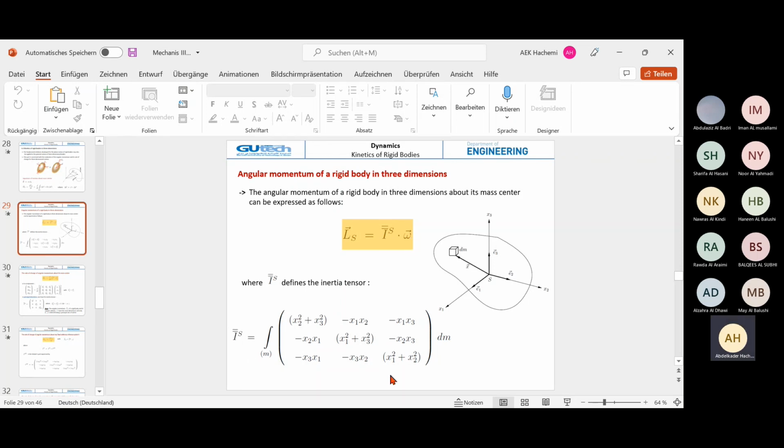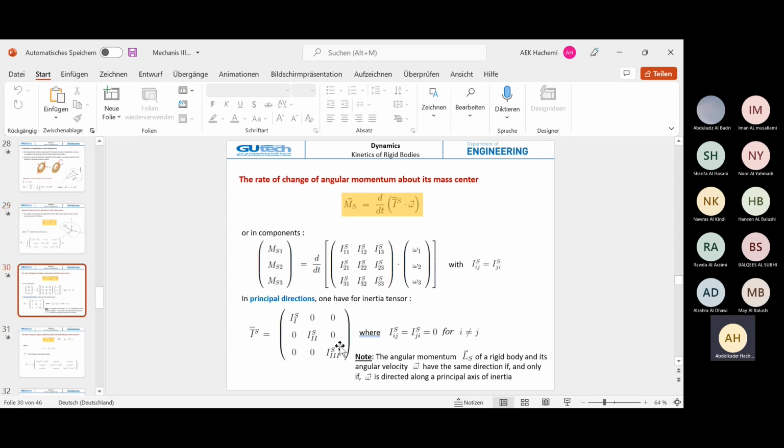Now, xy is only x1, x2. In this case, we have to consider this component, but we can use the same formula.